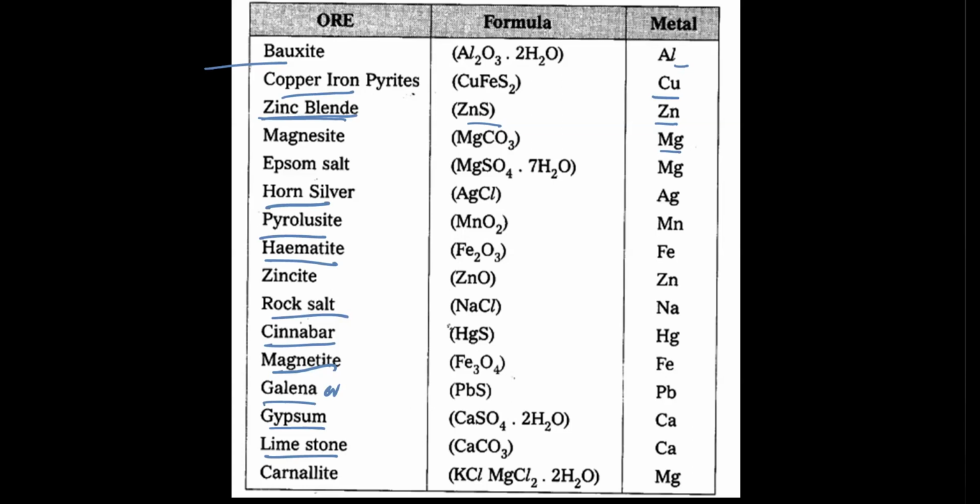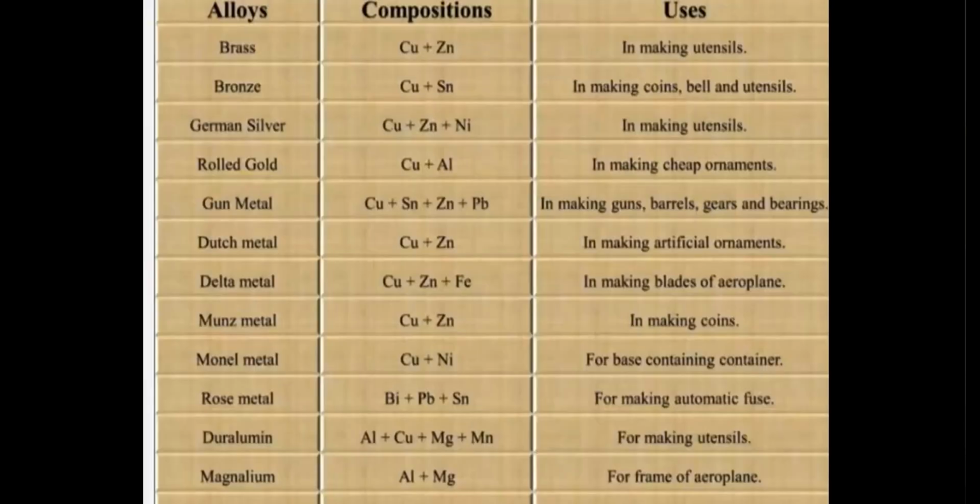If I talk about this one, what are alloys? Alloys are homogeneous mixtures when two or more metals or non-metals are physically combined together. We call them alloys.